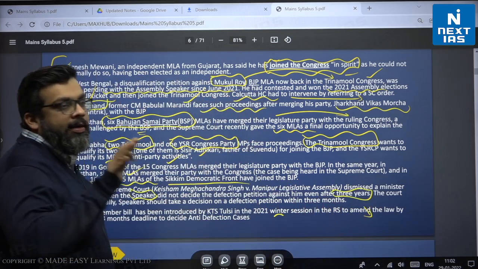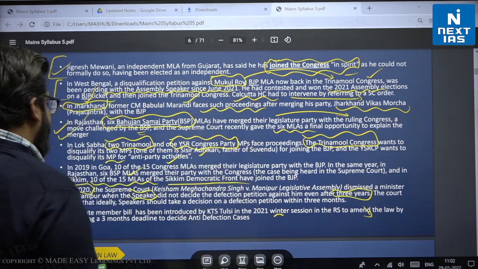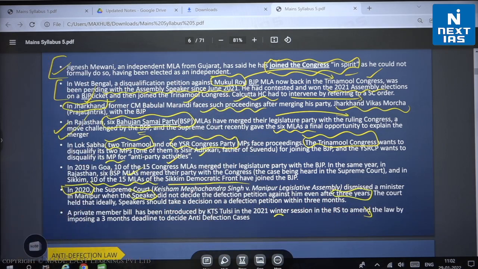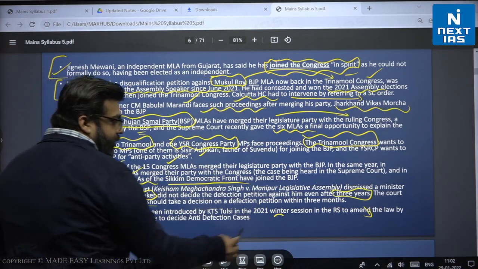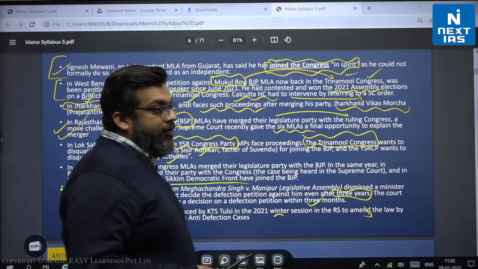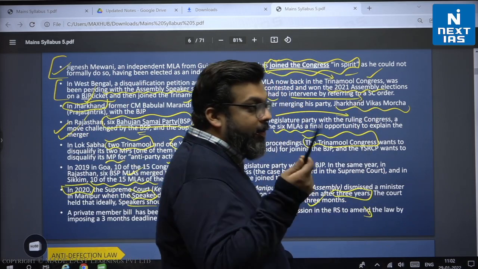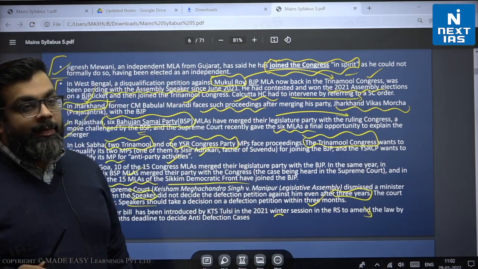He had kept the file pending, like they do in police stations. And the court had said ideally the Speaker should take about 3 months. Our ex-vice president of India had internally set up a procedure because he was the chairperson of the Rajya Sabha.